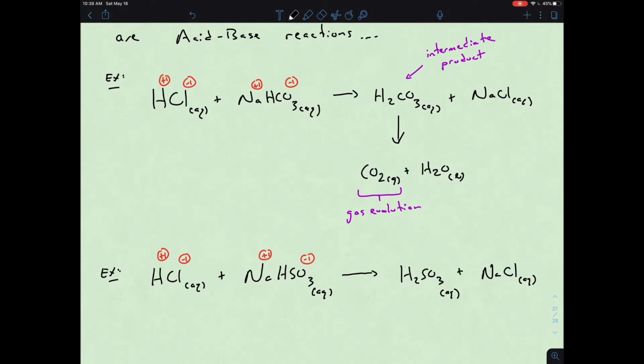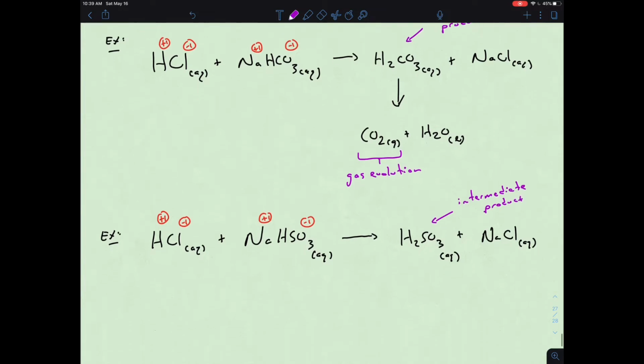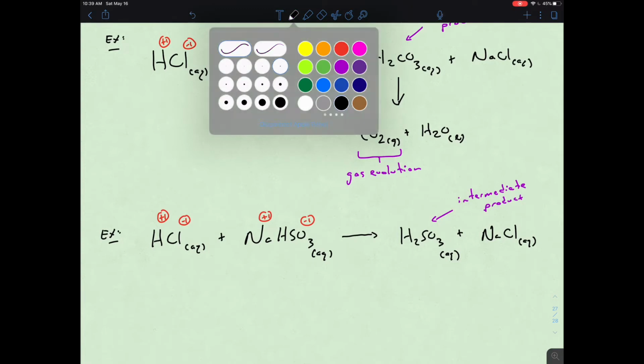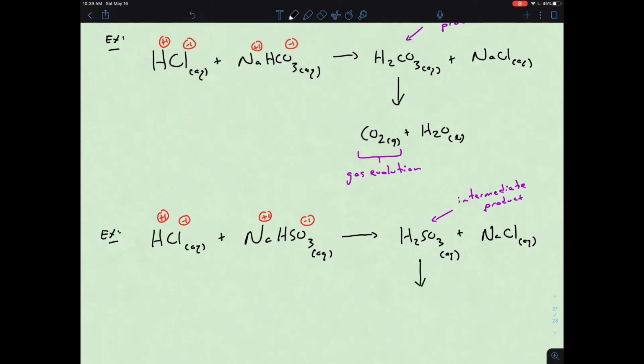So again, we have this notion of the intermediary product. And that intermediate product actually goes forward to produce SO2, sulfur dioxide, and H2O.